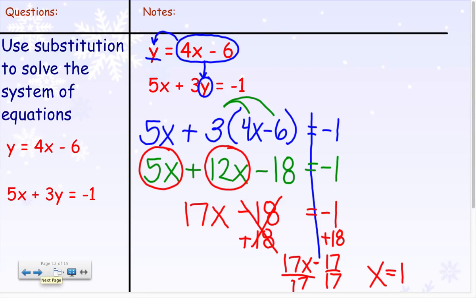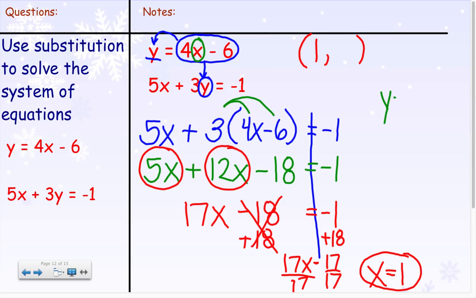So now, since I got half of a coordinate point, I have to keep going. I know my answer is going to be 1 comma something, so I know it's an intersecting one solution, but I got to figure out that other coordinate point. So I'm going to take that 1, and I always like to plug it back into my circle.